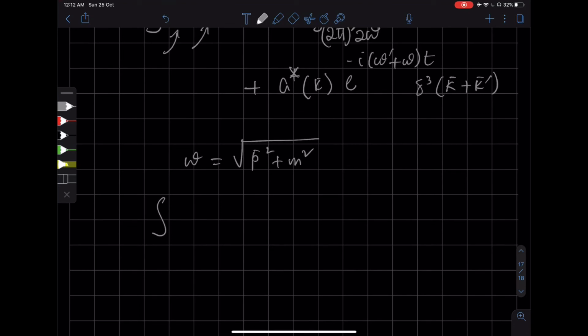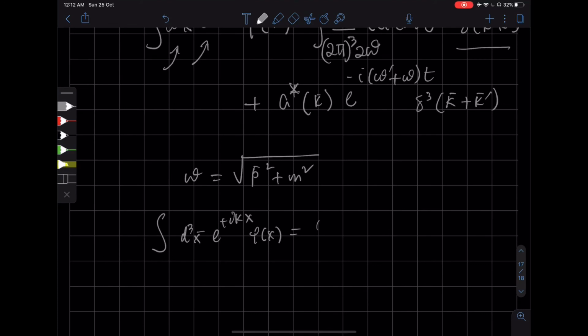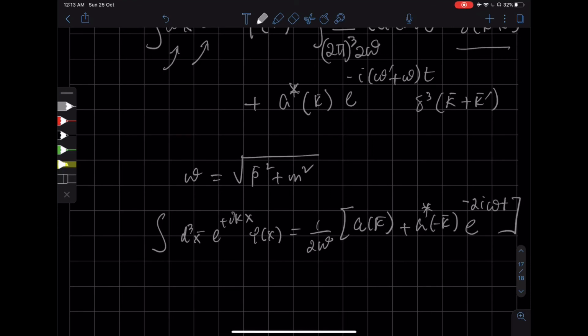So we have d cubed x, and here we have e to the power plus i kx, phi of x, and then we can use this delta function to do the k integral, and then we get 1 over 2 omega, and here we get a of k. And in the second term, we get a star of minus k, and then e to the power minus 2i omega k t.